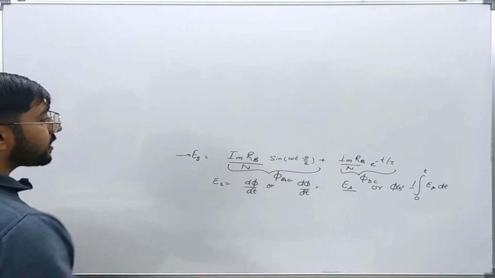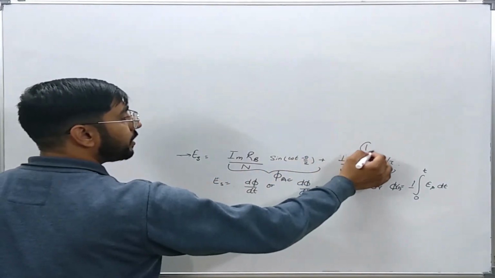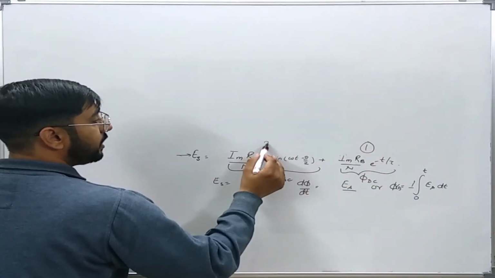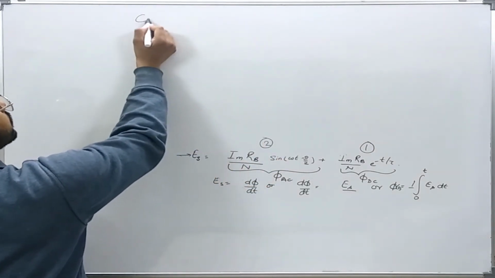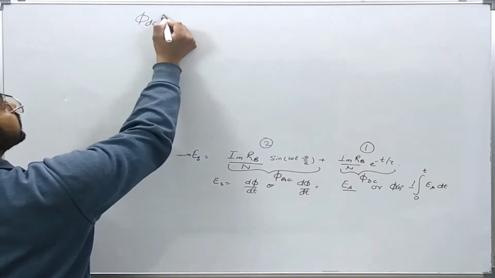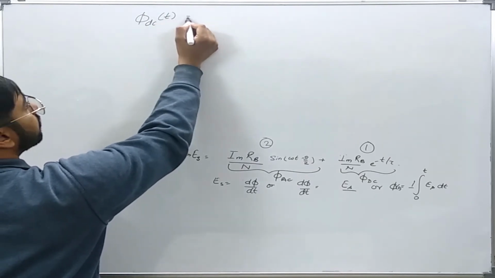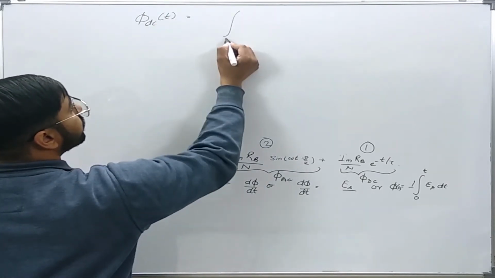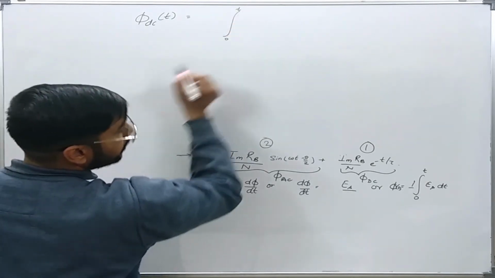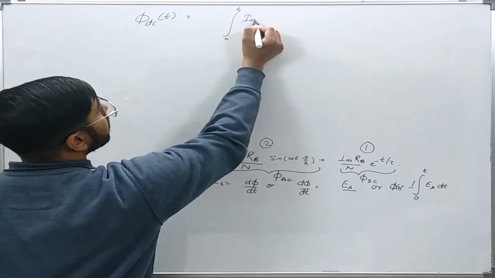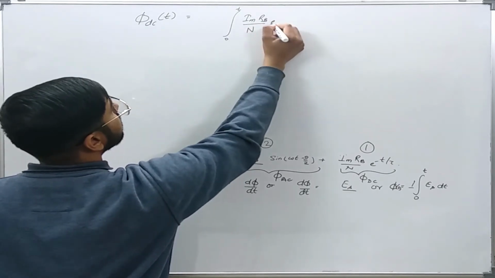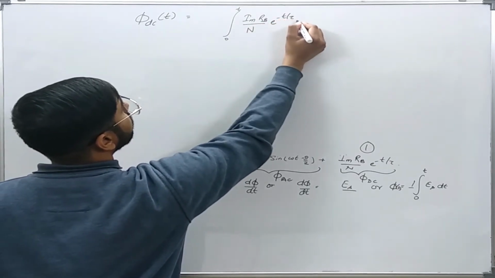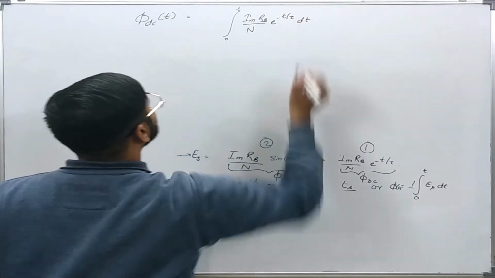Okay, so first I will integrate this thing, phi DC, to find phi DC, and then I will integrate the other. So phi DC(t) equals the integration from 0 to t of Im RB over N e^(-t/tau) dt.